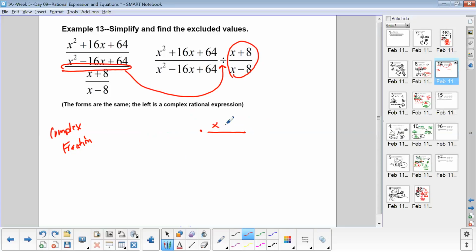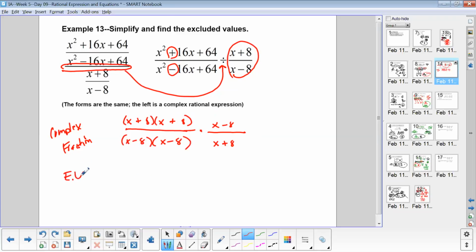Okay, so that would be x minus 8 and x plus 8. So I just changed that to multiplication, and then I'm looking to simplify this. I recognize both of them to be perfect square trinomials. So this would be x, 8, and 8. Middle sign is addition, so it'd be x plus 8, and we've got the same thing below, so it would be x minus 8 and x minus 8.